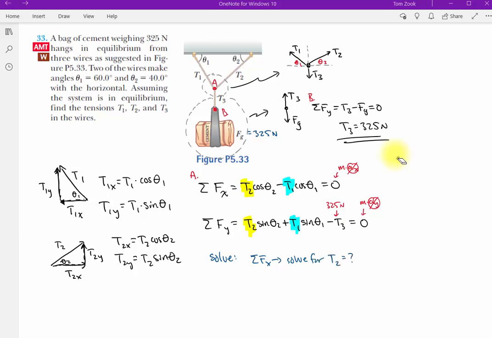So it's going to be some expression for T2, and then substitute into the sigma fy. Then you should have just T1 in the sigma fy equation, and you can solve for it there. So I'm going to go ahead and get that set up and then return with a solution.